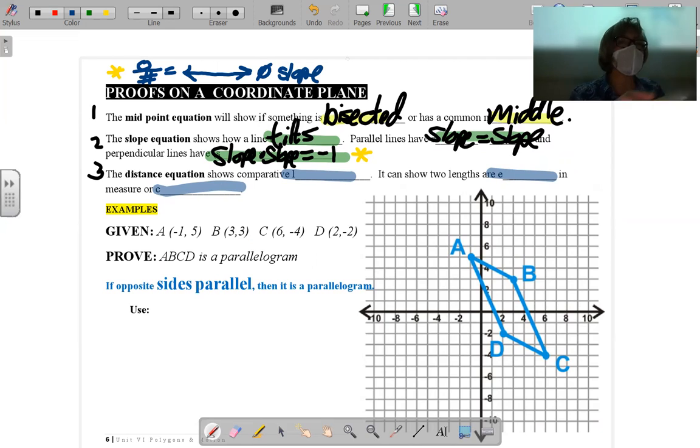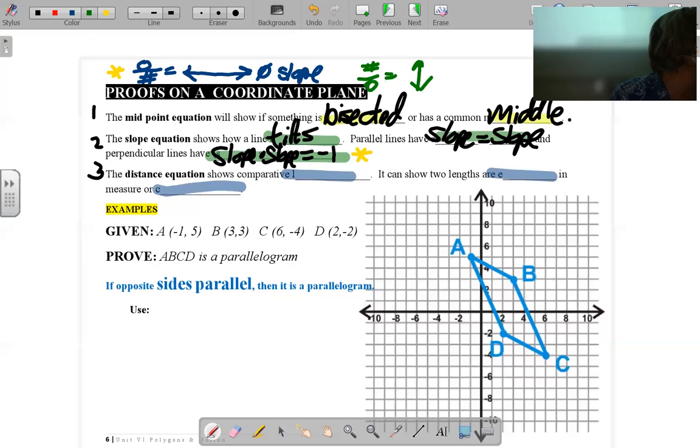This is going to come up in today's lesson. Any number over 0 is a vertical line because now it has no run, no left, right, which means it is undefined. Undefined and 0 slope still make a right angle.